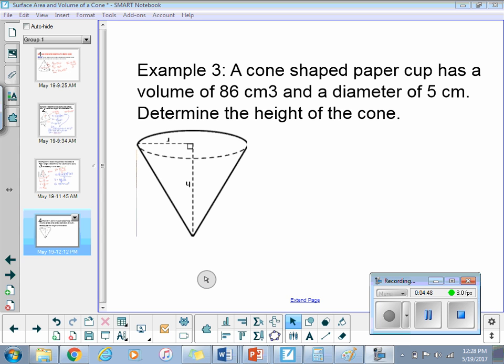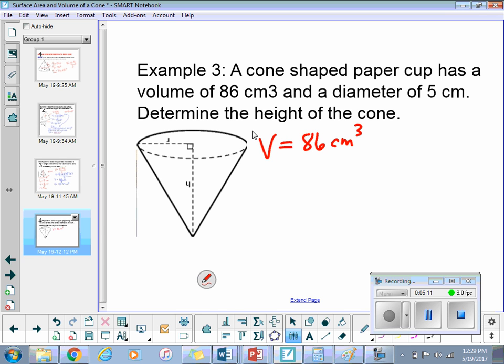For this next question, try and add the numbers that you're given to the diagram, and then we can take it from there. Also, determine what you are asked to find. If we look at this, we know the volume, the entire volume we are given.